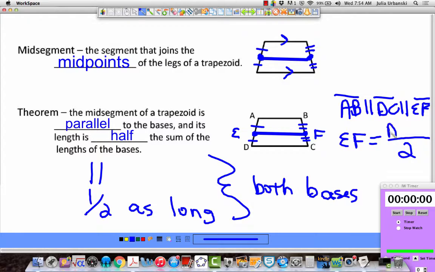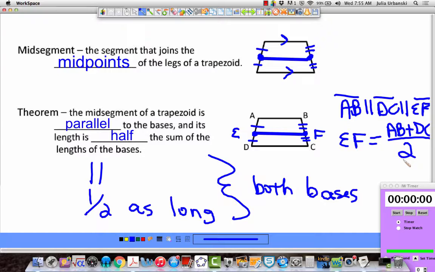AB and DC. Just like that other one, except the difference with the other one was that it had only one base. This one has two bases. So sometimes I'm just going to write bases divided by 2. You just have to remember that it has to be both of them.